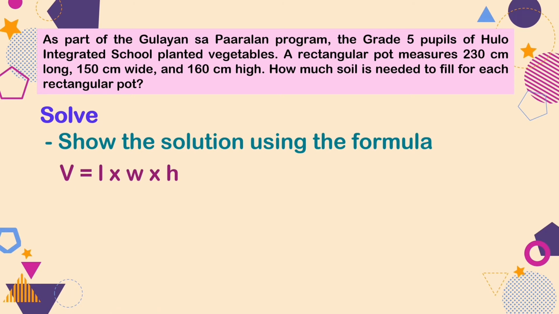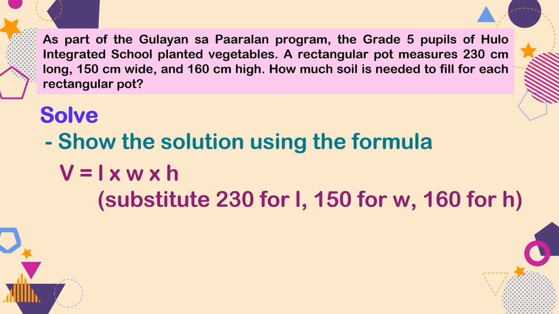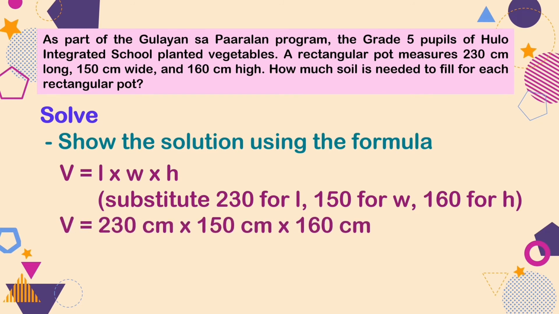Substitute 230 cm for length, 150 for width, and 160 for height. So, volume equals 230 cm times 150 cm times 160 cm.